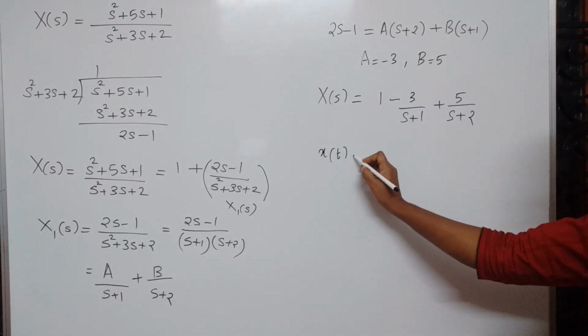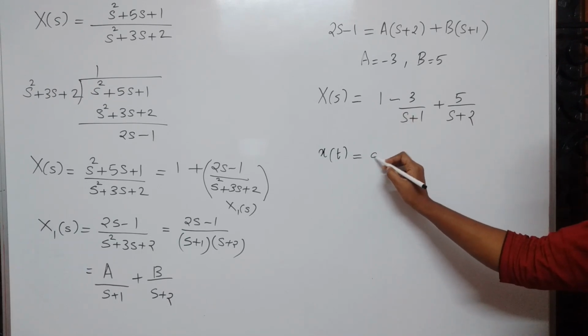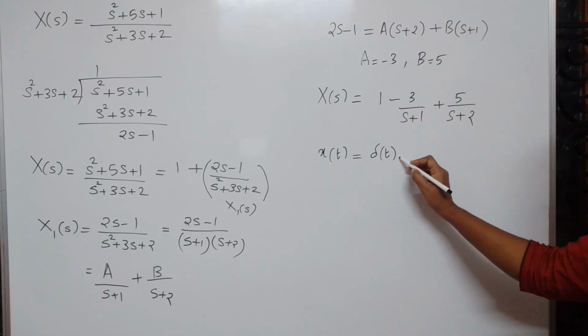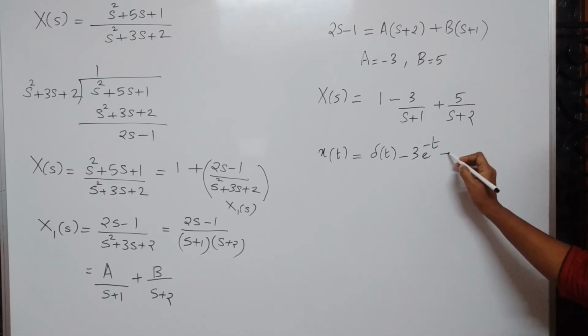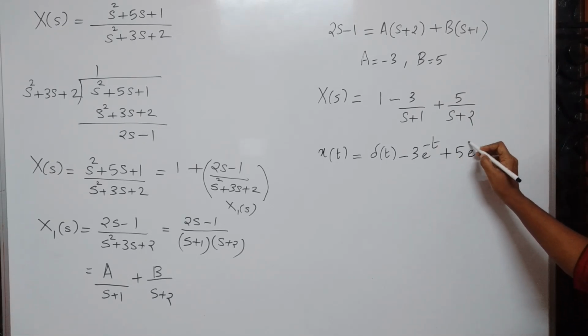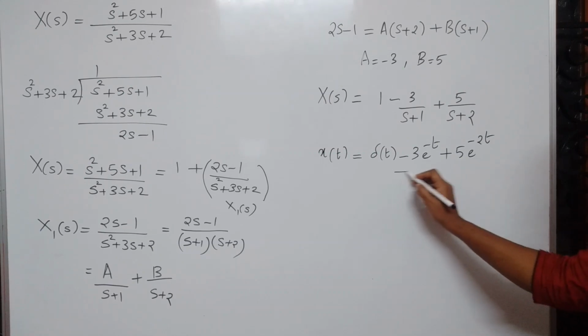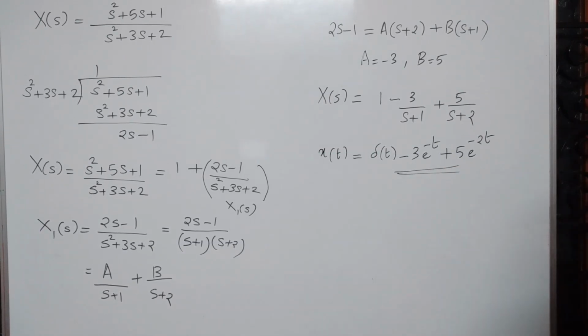X of t equal to 1 is Laplace transform of delta of t, minus 3 into e raised to minus t u of t plus 5 into e raised to minus 2t. This is the answer. So before doing partial fraction, just compare the degree of numerator and denominator. We can apply partial fraction only if the degree of numerator is less than the degree of denominator.